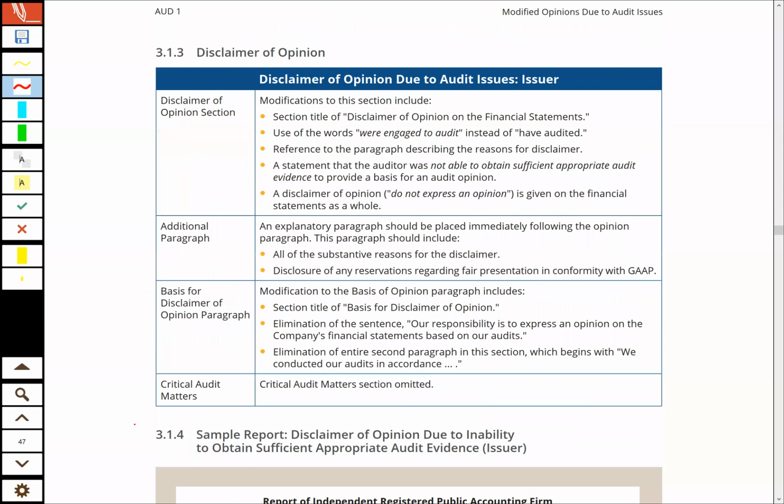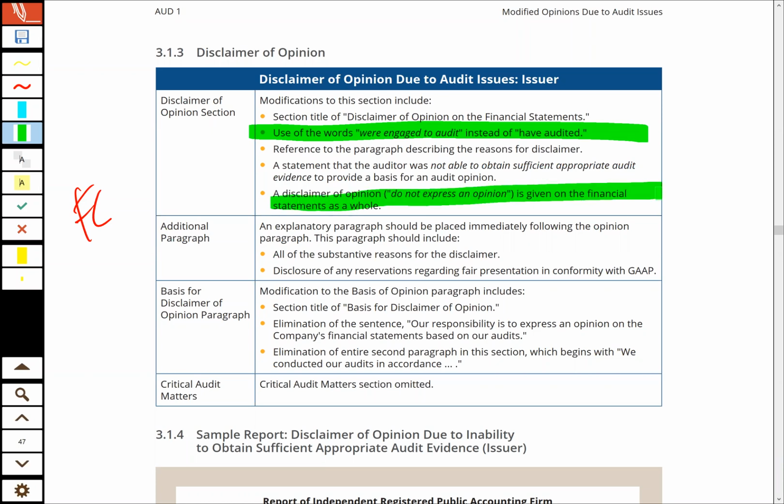Okay, if it is a disclaimer, let's go ahead and flashcard key elements of the disclaimer. And again, here, make sure you remember that what? We were engaged to audit. Therefore, we are going to disclaim an opinion. Additional paragraph that talks about the reason for your disclaimer.